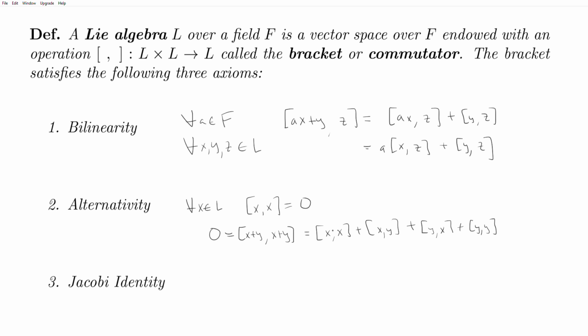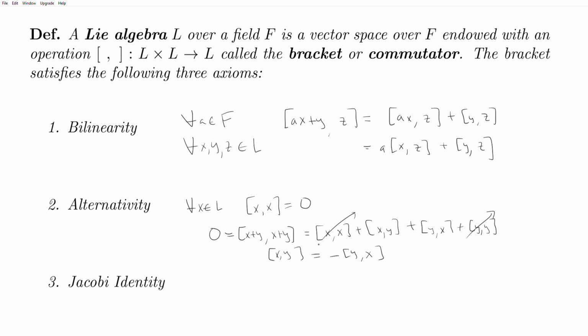We can apply alternativity again to deduce that the first term and the last term are 0, and so we see that 0 is equal to x bracket y plus y bracket x, and so in particular we have that x bracket y is equal to minus y bracket x for all x and y in our vector space.